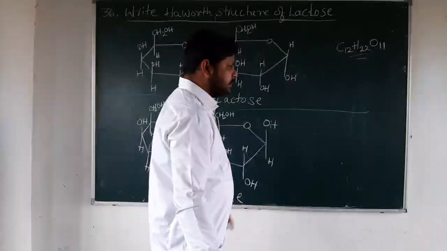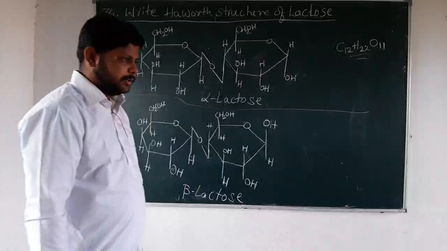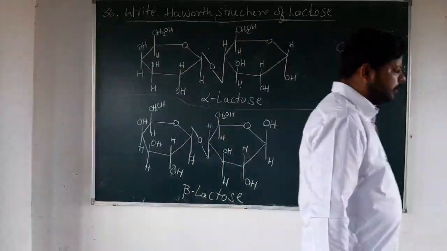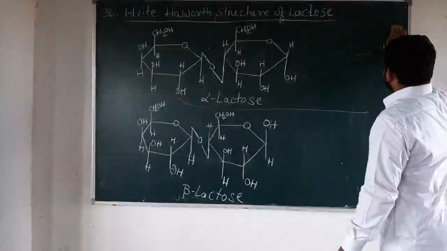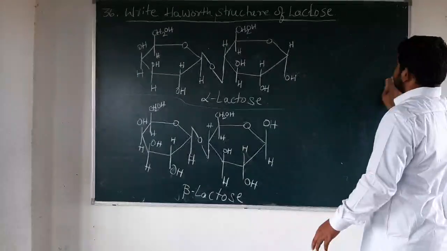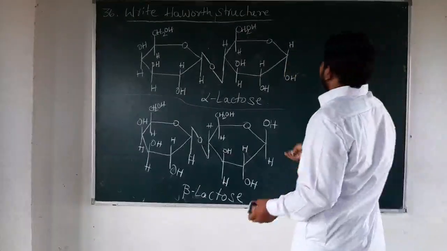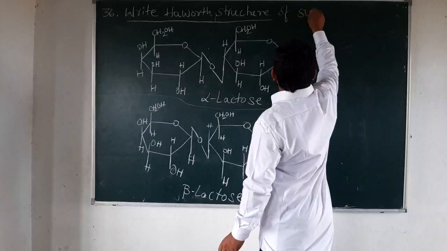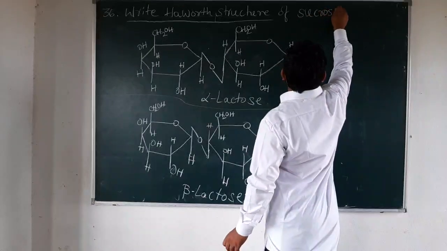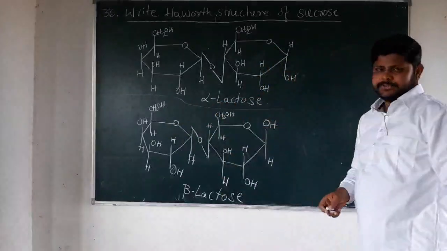Okay, anomeric. This position is called the anomeric carbon atom. This is for lactose. Okay, I hope you will note this down. There is one more structure, finally, the last one, that is for sucrose.